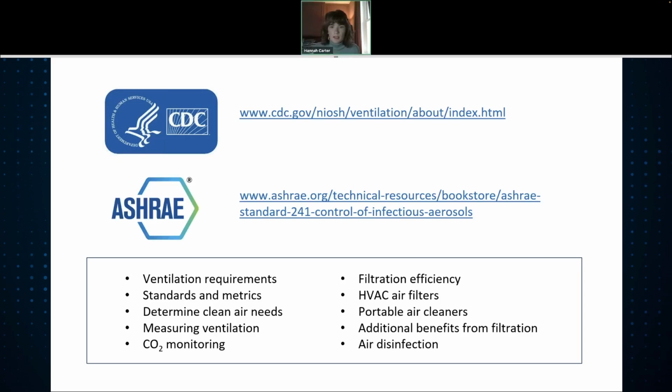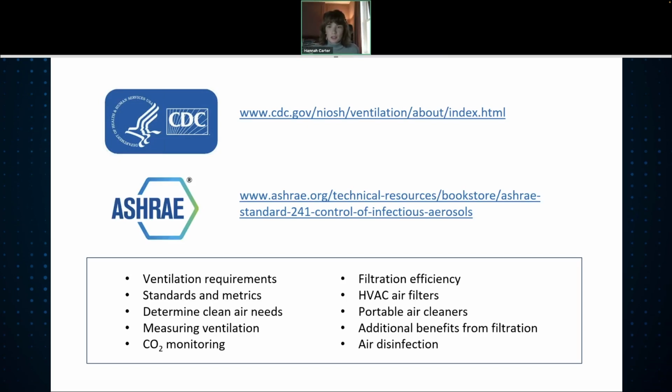The main topics that we dive into are all developed largely based on CDC ventilation guidance and ASHRAE standards. ASHRAE standard 241, control of infectious aerosols, is heavily featured, as well as ASHRAE standard 62.1, which, we heard, sets the minimum ventilation requirements in schools and other buildings.